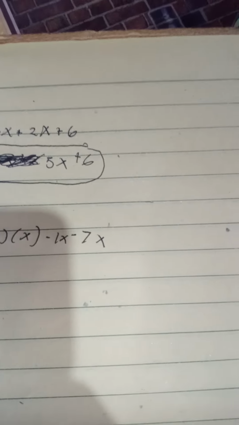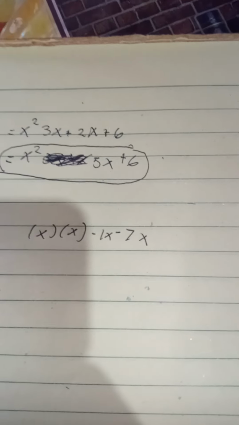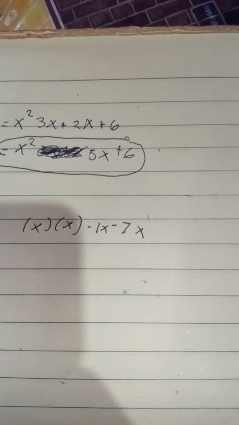Then the last is negative 7 times 1, so it is negative 7.